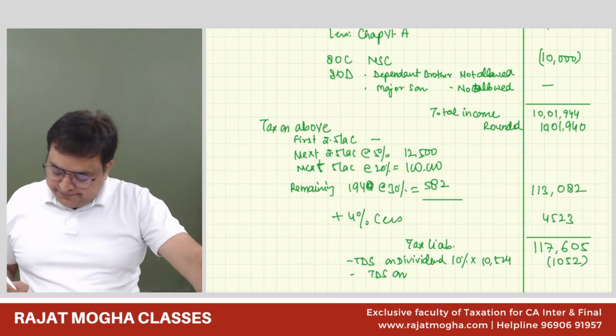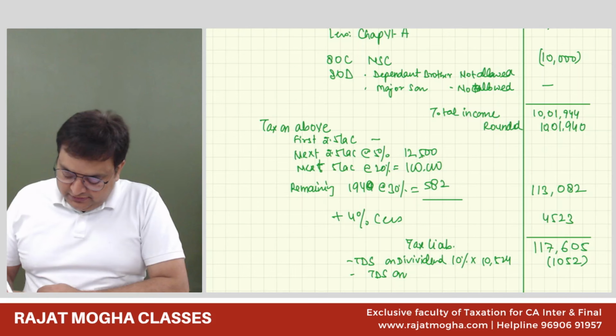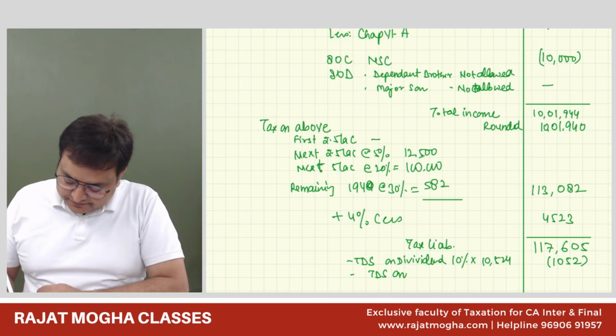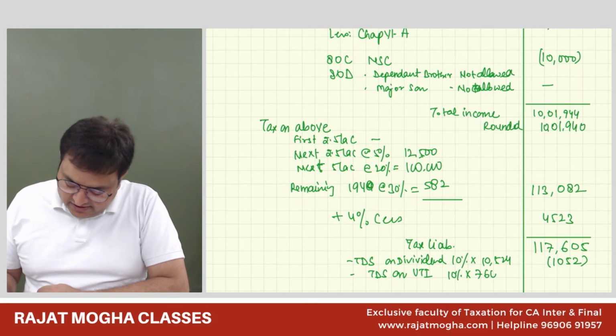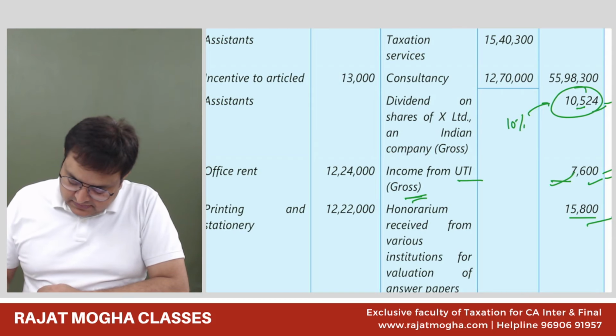Correct now? It is 10% of this. Correct. Thank you. So TDS on UTI dividend, 10% of 7,600, is 760.